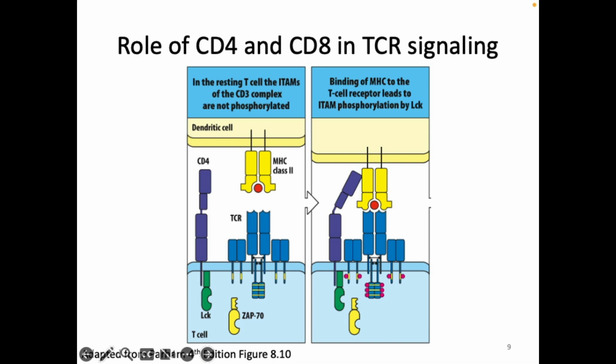And now our kinase, LCK, is close to those ITAMs, close to those tyrosines. And this kinase can actually add phosphates to those tyrosines, which are depicted here as pink dots. So the kinase can phosphorylate the tyrosines, which you can see happening here.